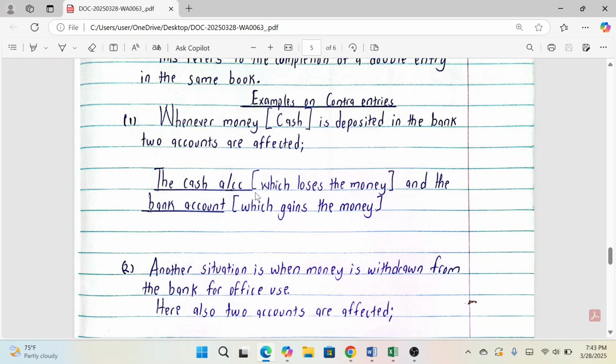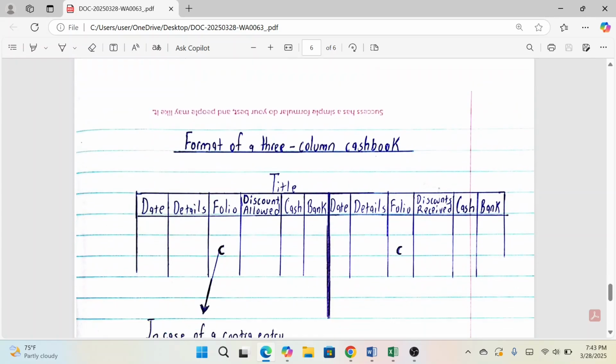But remember, this is a contra entry. Let's look at the format of a three-column cash book briefly. Now you come and show that there has been a contra entry. If it was cash which was losing, you come to this side and show that it's losing by 10 million. You show contra entry, and it's bank which is gaining.